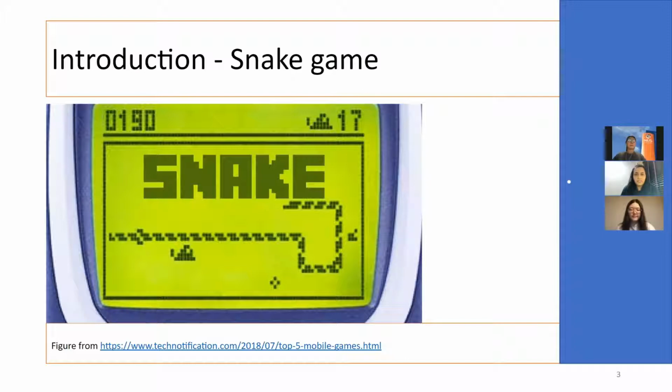And as it eats more fruits, the snake gets longer. And to avoid deaths, the snake has to avoid any collision with the walls of the grid or avoid colliding into its own body. And that's the basic premise of the game.